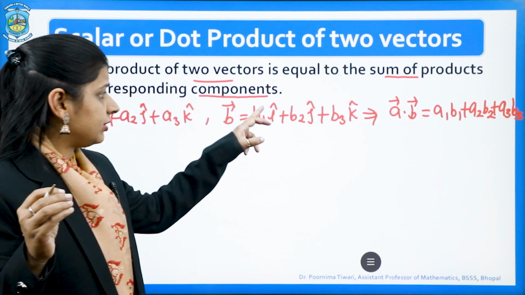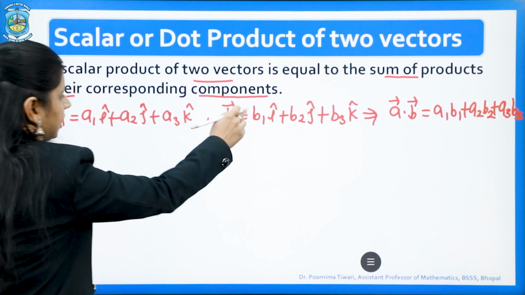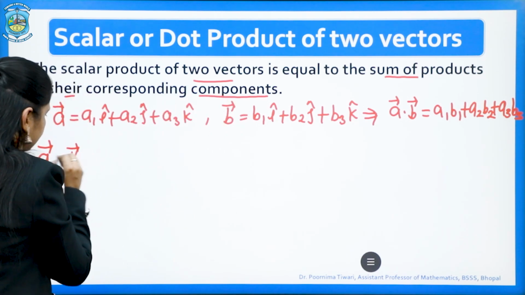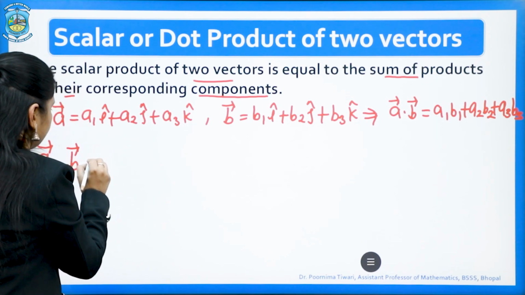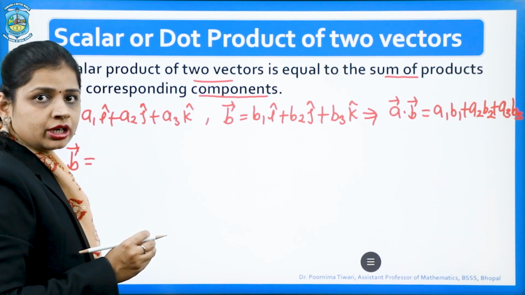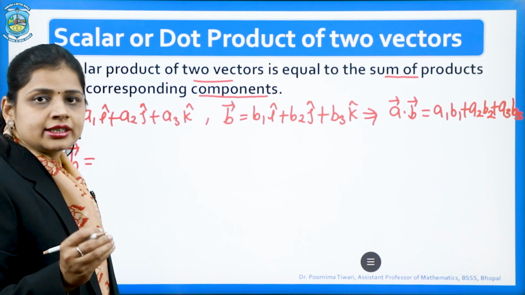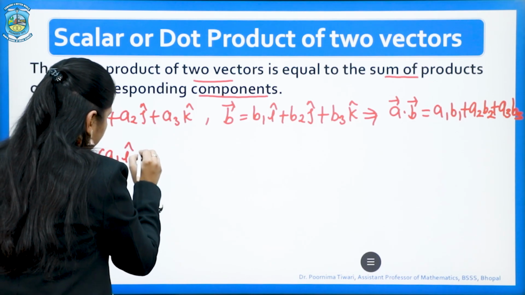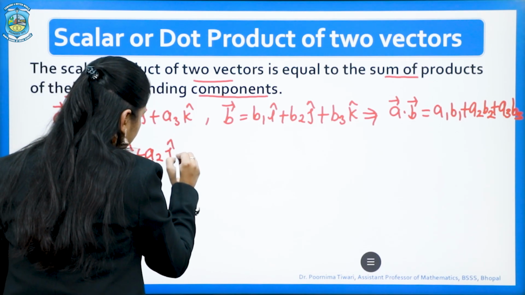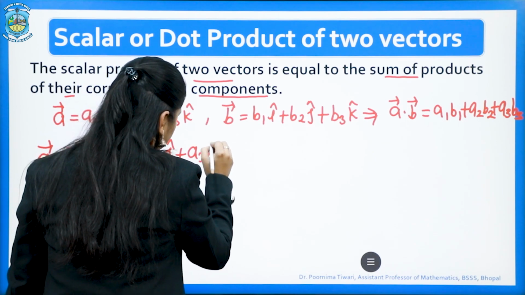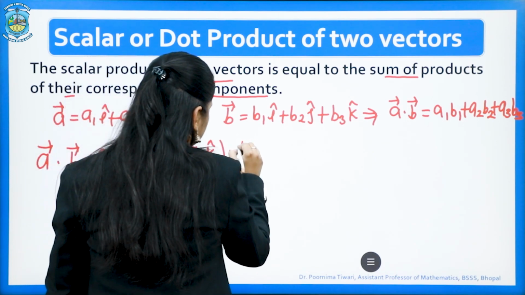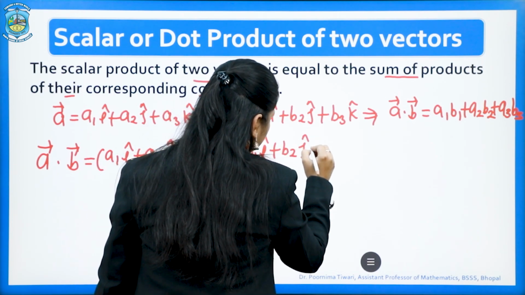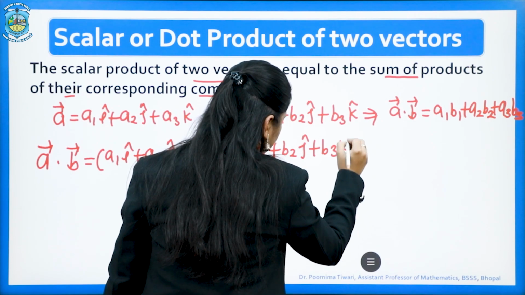Now we will derive this result. A and B are given vectors and we have to find their dot product A dot B. We will do the usual product and we will apply the standard identities. So, it is a1 i cap plus a2 j cap plus a3 k cap dot product with b1 i cap plus b2 j cap plus b3 k cap.